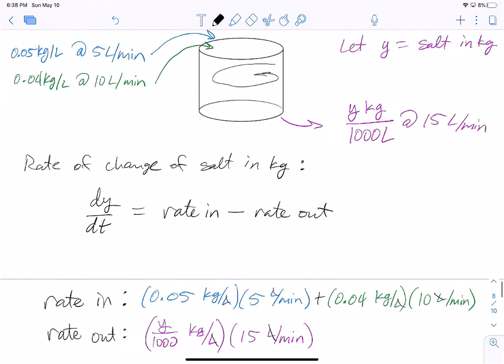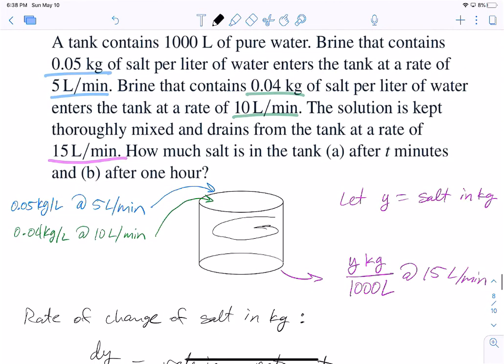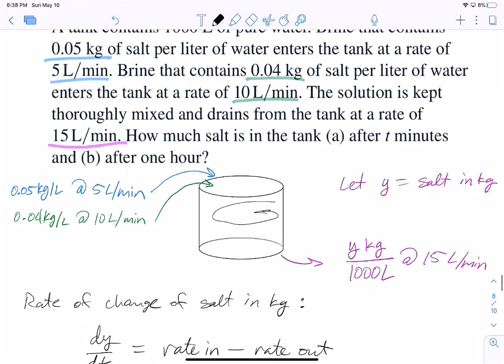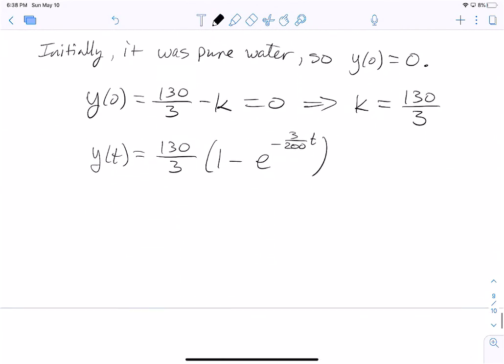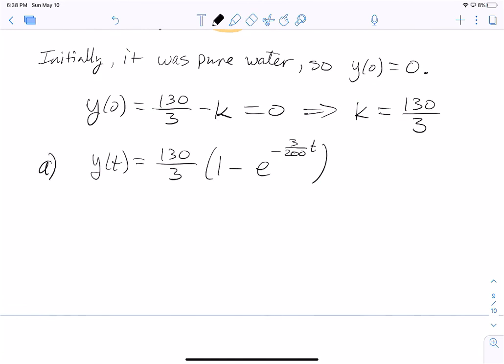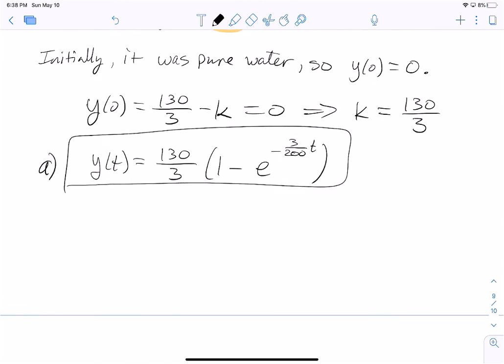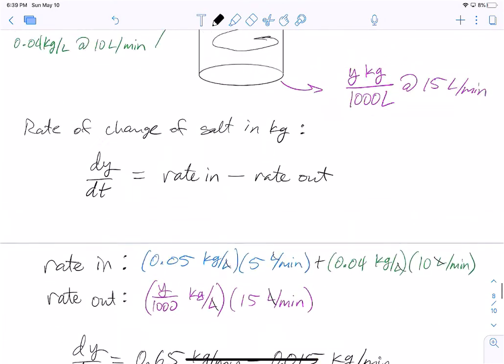Looking back at what we were originally asked for, how much salt is in the tank after t minutes, and then just for reference, also after 1 hour. We have here after t minutes that equation y of t is 130 over 3 times the quantity of 1 minus e to the negative 3 over 200 times t. As for part b, we need y of 60 for 1 hour. How do I know 60 and not 1 for 1 hour?